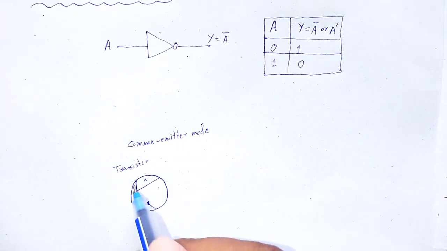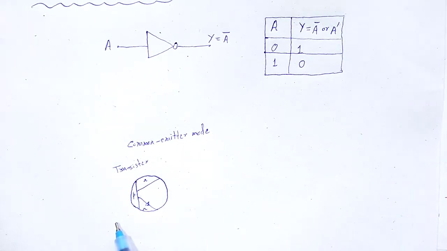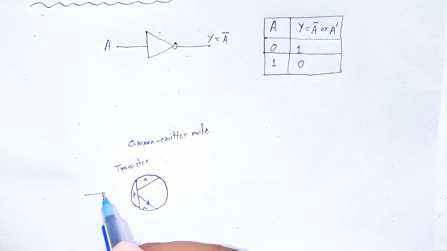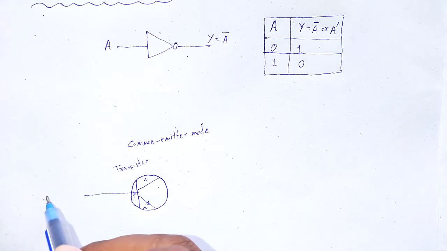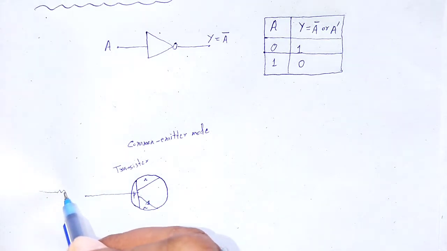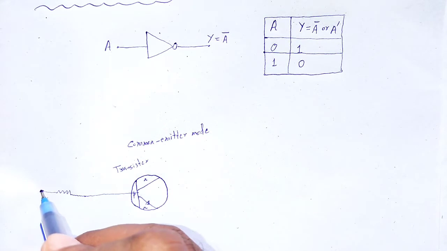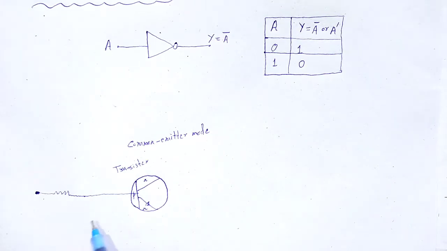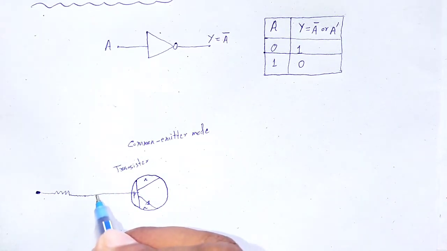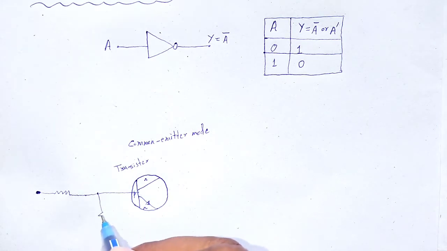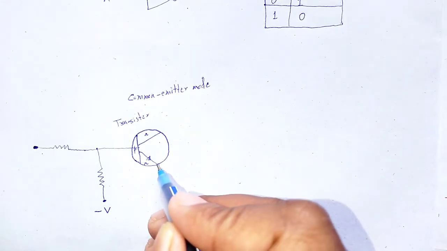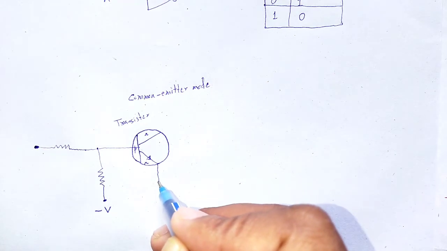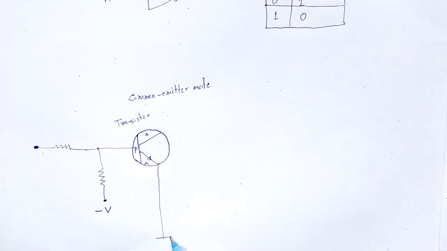So it is connected to a resistor, and the other end, negative V, is grounded.